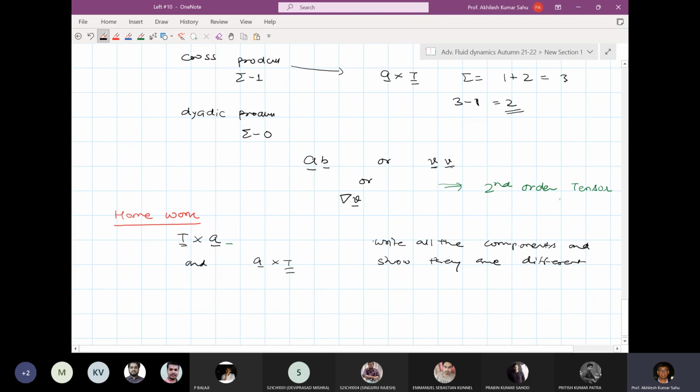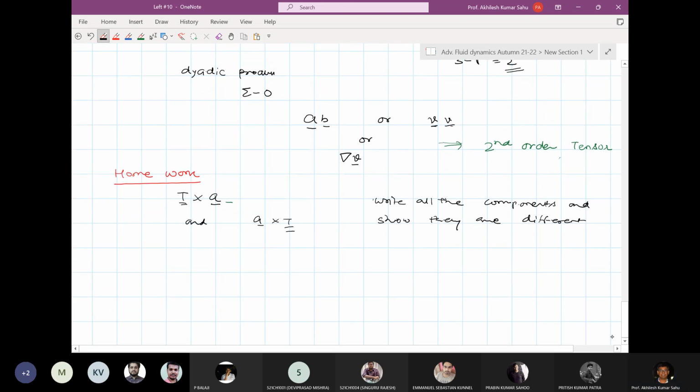So T cross A, the resultant quantity will be how much? It will be a second order tensor, right? So if mathematically you can represent it by a matrix, you have to make this matrix and show whether they are different or not.